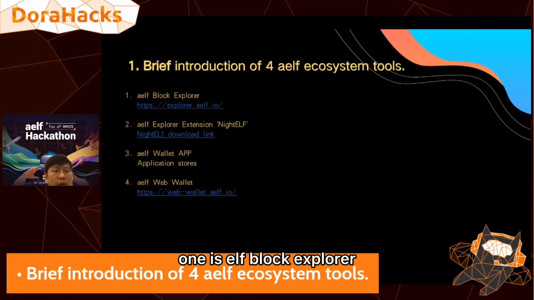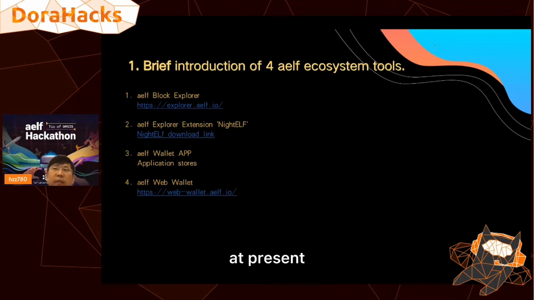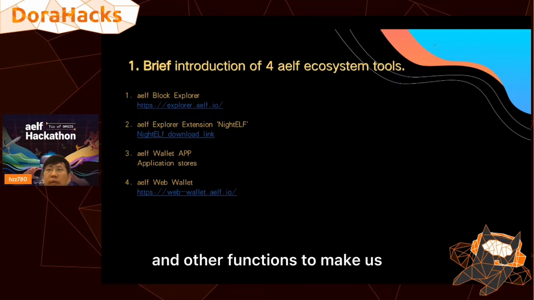The first one is ELF Block Explorer. The ELF Explorer is an important tool for the ELF ecosystem. At present, it provides data monitoring, information query, node election, contract view, resource purchase, and other functions to make us use ELF blockchain more easily.